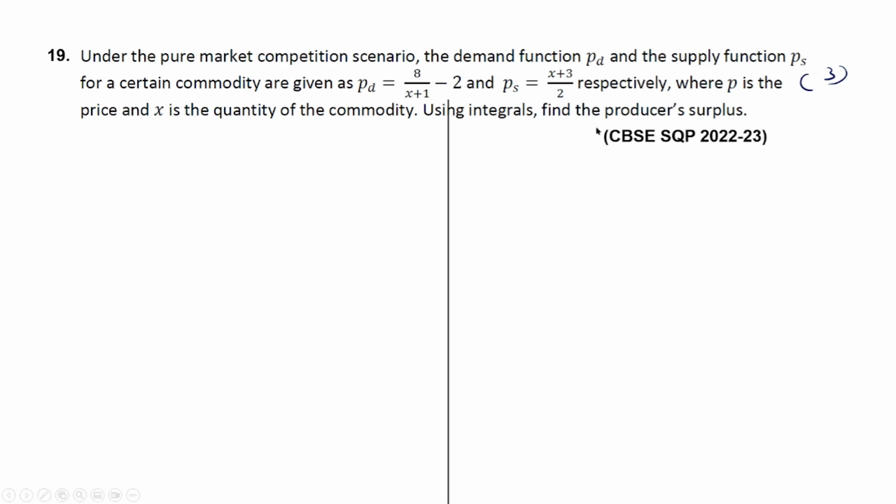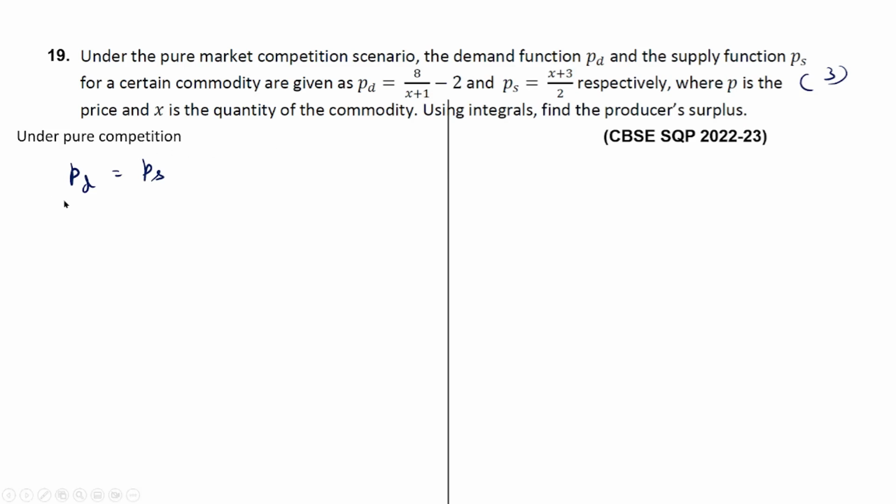So here we have to find the producer's surplus at the equilibrium price, because it is given, it is a pure market competition scenario. So under pure competition, we have PD equal to PS. The price is determined by the free forces of market supply and demand.